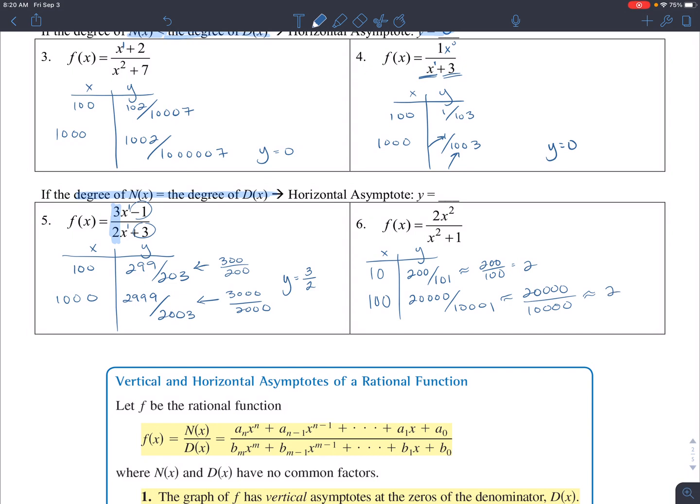So again, we can see that this is going to be y equals 2, which was essentially the leading coefficient because the degree of the numerator and denominator were equal. So the horizontal asymptote, when they're equal, will be the leading coefficient over the leading coefficient.